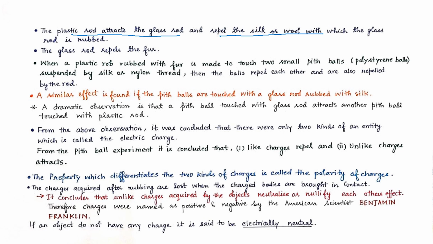Glass rod repels fur. Here we are talking about cat's fur. When a plastic rod is rubbed with fur, it's made to touch two small pith balls. What we are doing, we have taken a plastic rod.